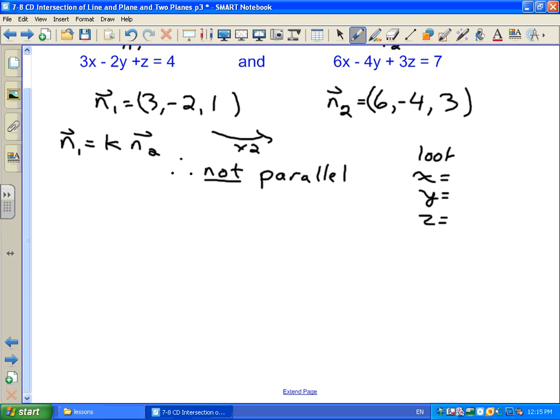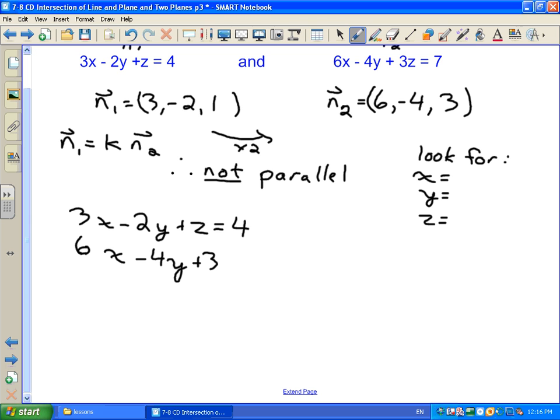So our first step was to write out our system as a system of two linear equations, stacked one on top of the other, and try to eliminate one of our variables. Looking at this, what is the best thing to try to eliminate here? Yeah, so let's eliminate x.